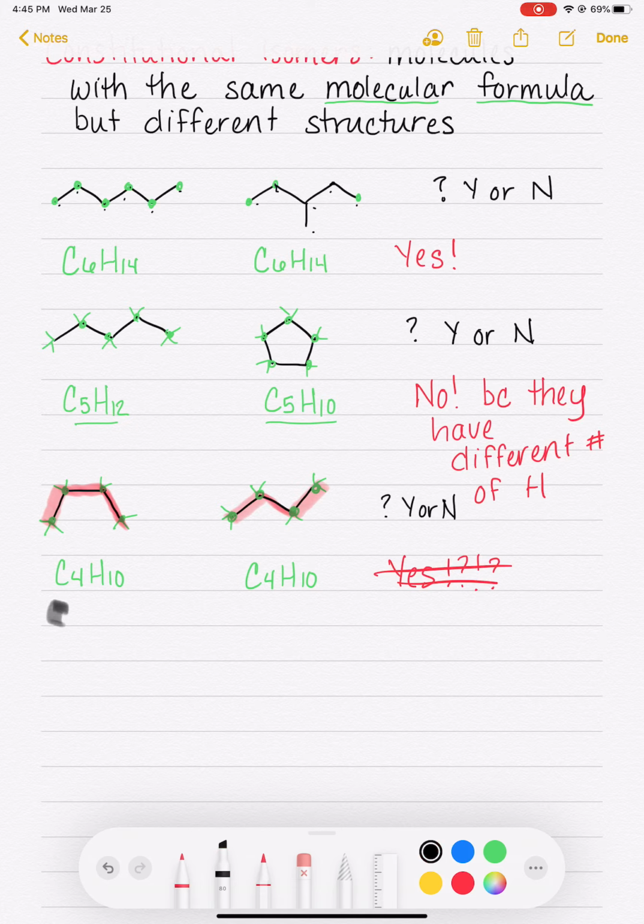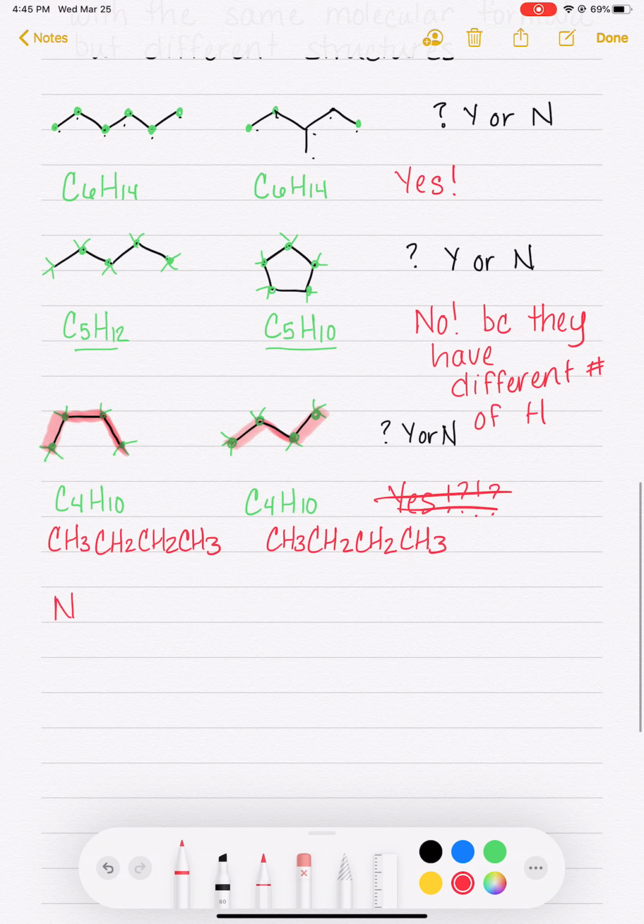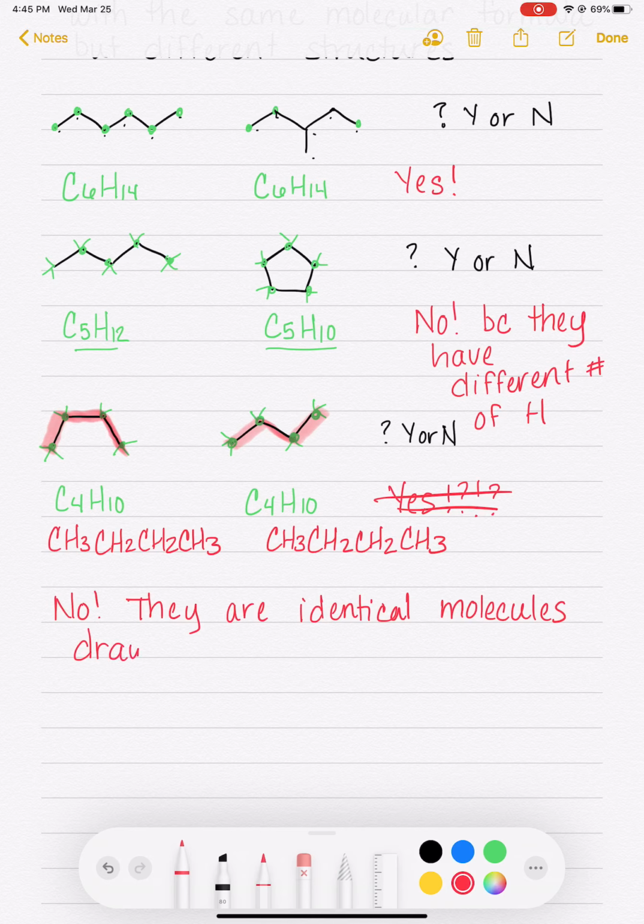Both are CH3, CH2, CH2, CH3. These molecules are not constitutional isomers. They are the same molecule. They are identical. They're just drawn in different shapes. They're just drawn two different ways.